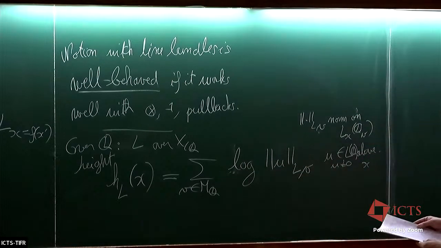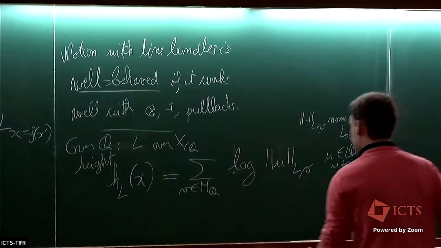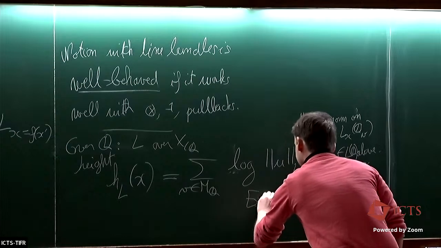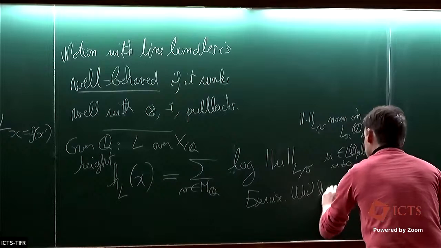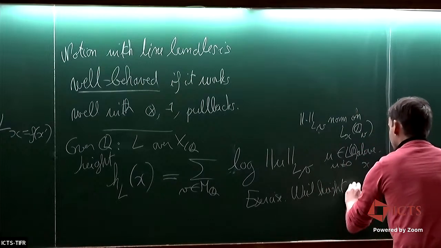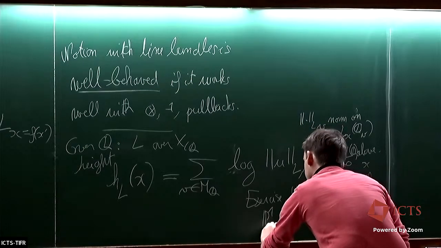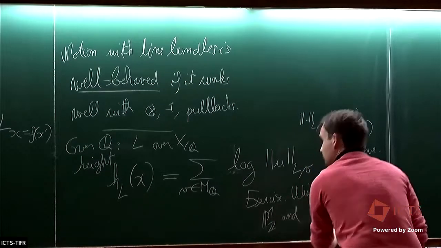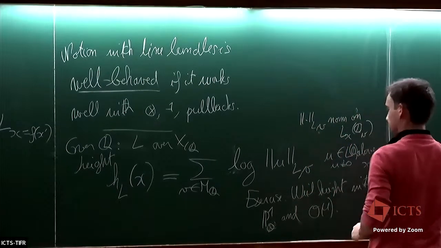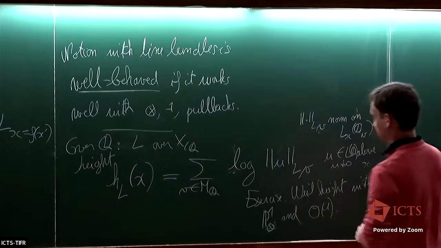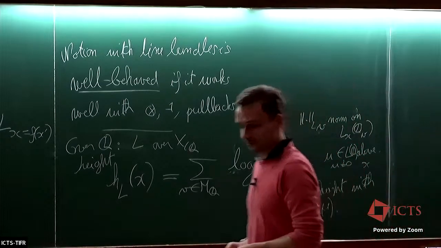And also it retrieves many notions you can imagine about heights. As an exercise, for example, you can retrieve the Weil height with P1, Z, and Q, I think enough, and O of 1. Yeah. You can define notions like this so that you can exactly get the Weil height of a number with P1 here.